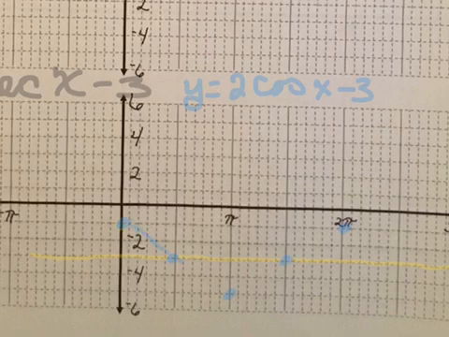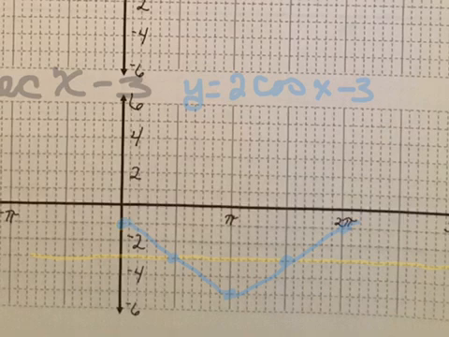So when we draw that, that would be our graph of y equals 2 cosine of x minus 3. We've just stretched it out. We moved it down 3 units. Okay? Now again, like what we were talking about with the other one, we're going to have asymptotes.